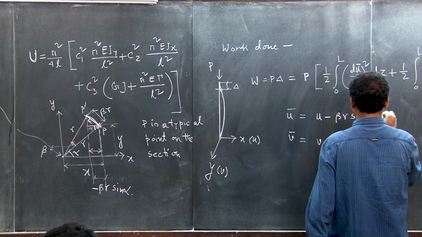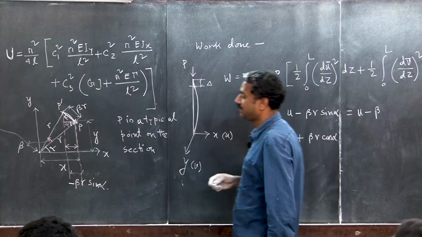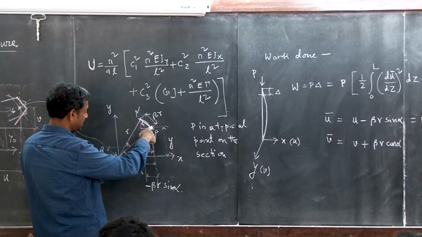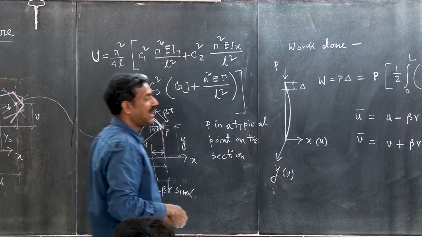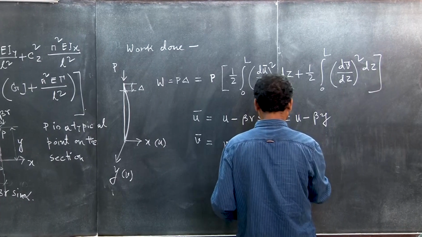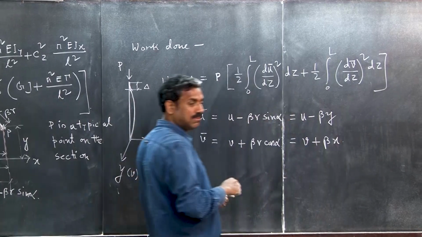Now tell me, what is r sin alpha? This is r, and r sin alpha is nothing but the y coordinate, and r cos alpha is nothing but x.